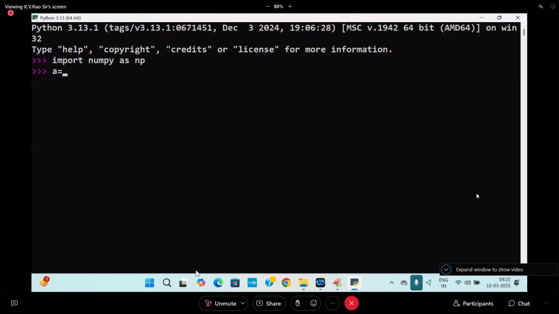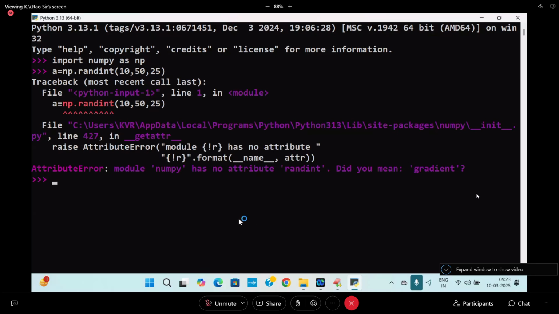A is equal to np.random.randint of 10, 50, 25. Print of A.